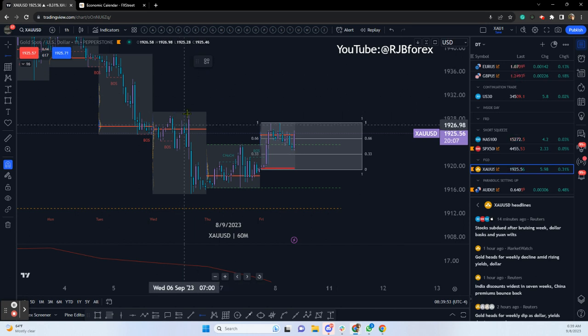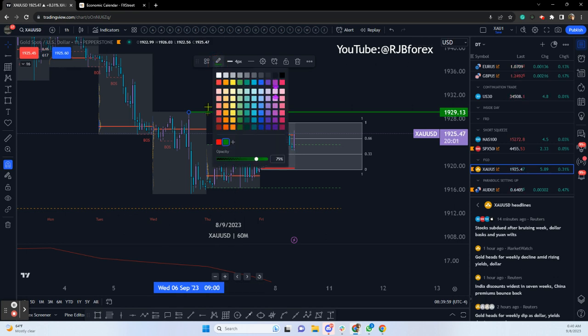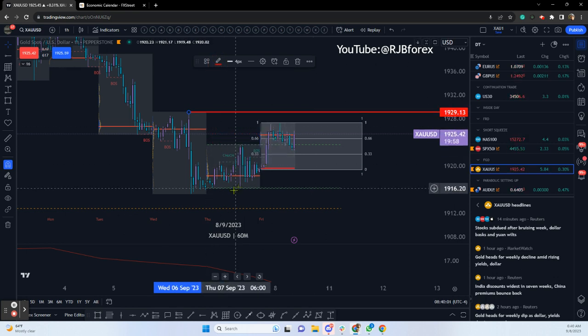So we've got this structural point up here that will be guarding the 30s. So that might be a sticky area to get through.